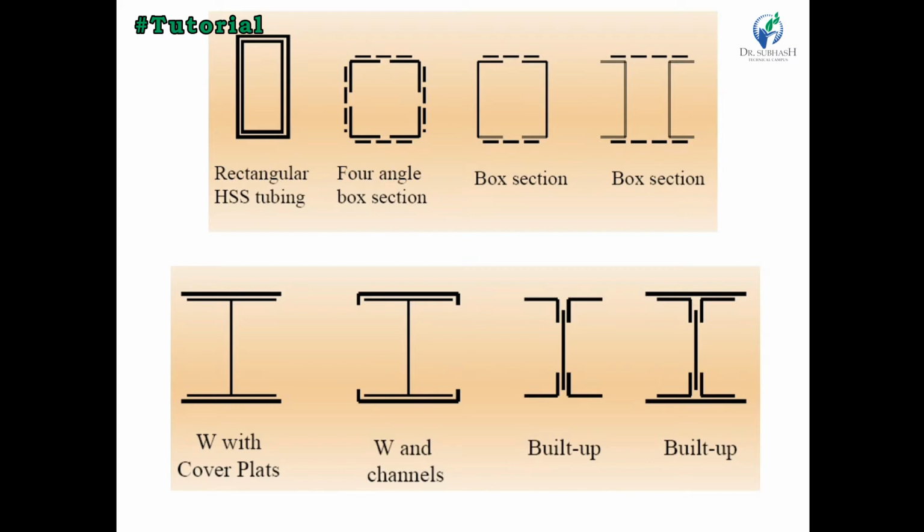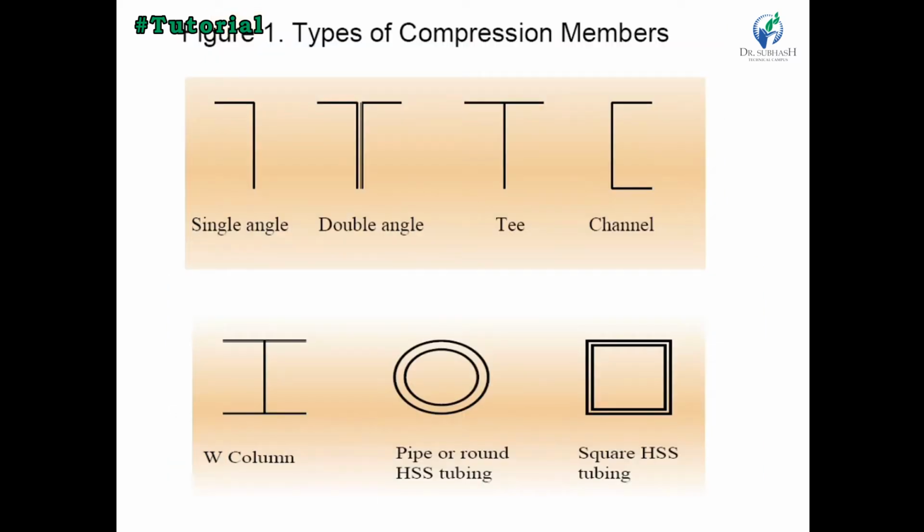So what should be the difference in shape? Single angle sections are used as a compression member in lightly loaded truss or tower. There are two types of single angle: equal angle and unequal angle.